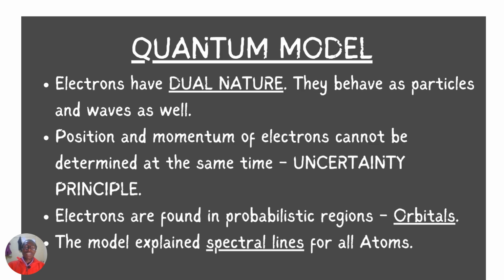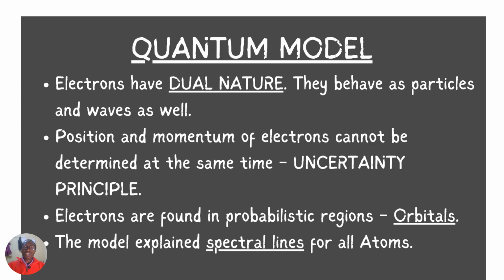And this changed the way we understand the atom drastically, because now the fixed paths proposed earlier by Bohr could not hold. Now electrons would be found not in very specific paths, but in probabilistic regions called orbitals.